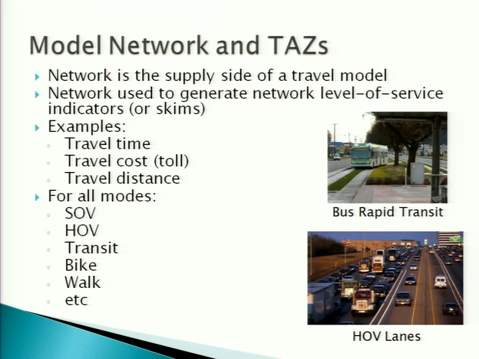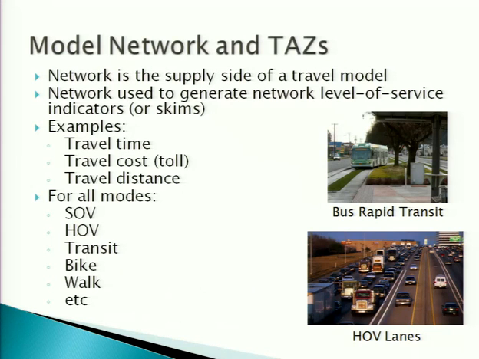These are also called skims. You'll hear that sometimes because those indicators are skimmed off the network. It's kind of an old term. And we need these indicators for all types of modes. So we need them for SOV, like drive, single occupancy vehicle, for HOV, like carpool lanes. We need those for transit, we need those for bike, we need those for walk.